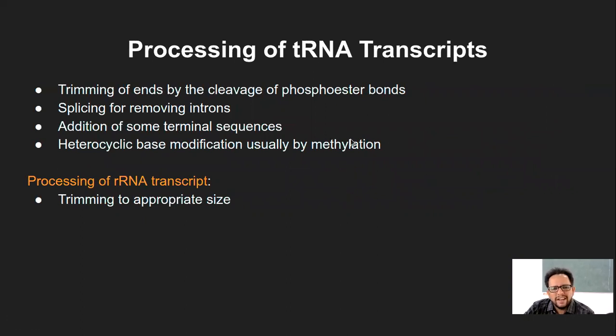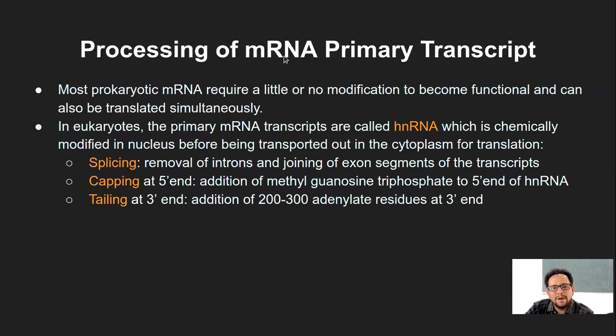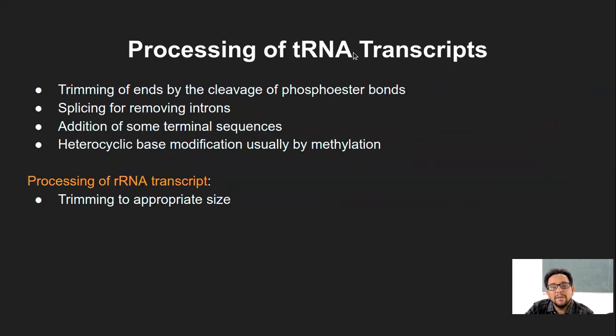So there are different ways in which this can happen, for tRNA as well as for rRNA. Sorry, the previous one was processing of mRNA. Now this is processing of tRNA. In tRNA, there is trimming of the ends by cleavage of the phosphodiester bond.